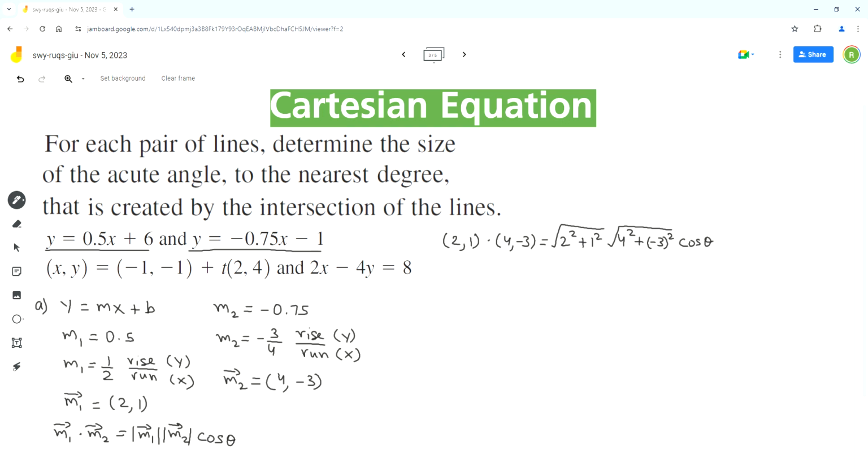Now we can do the dot product on the left side. So we should multiply the x and y components. 2 squared is 4, 1 squared is 1, and 4 plus 1 is 5. 4 squared is 16, negative 3 squared is 9, and 16 plus 9 is 25.